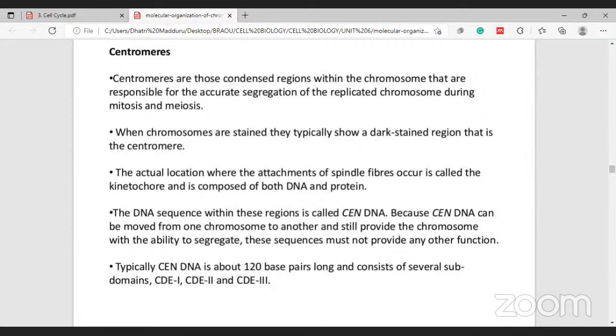This is moved from one chromosome to another, and it has the ability to segregate. This cDNA is about 120 base pairs and consists of some subdomains like CDE1, CDE2, CDE3. No need to remember all these things. Just remember that it is made up of DNA and protein. That's enough.